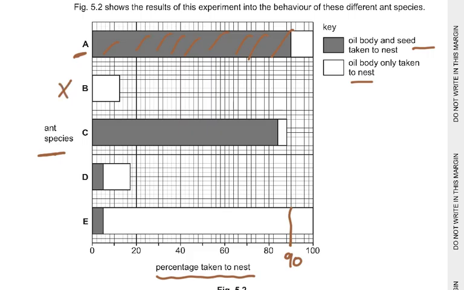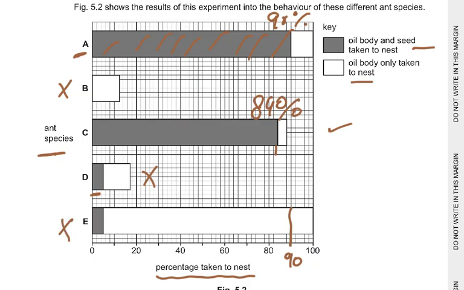B did not help at all, because B only took the oil body. Oil body does not contain the seed. C was helpful again. Why? Because it was nearly 84%. So about 80% of the seeds were taken to the nest by ant species C. D was useless as well because very few, only about 4%.